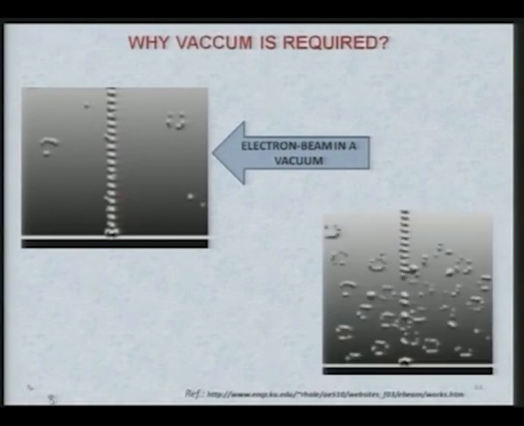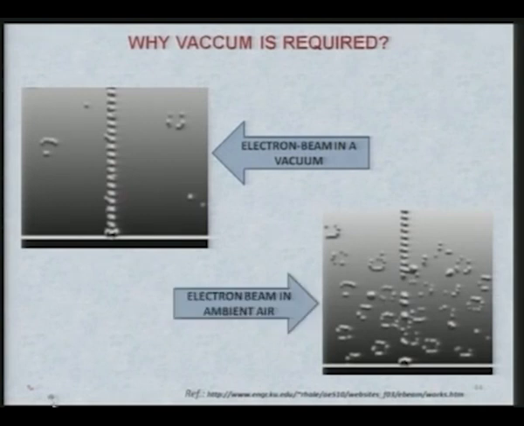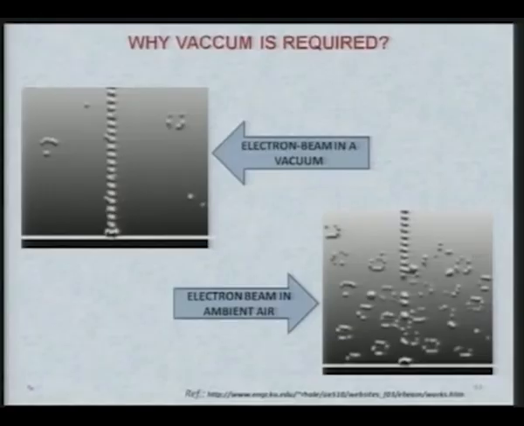Now, if you are going to use atmospheric air in the machining zone, then what will happen? Many of the electrons will strike the molecules of the air, and they will get scattered, and you will not get a good cutting. As you can see over here, the electrons are scattered all around, and you are not getting a straight beam, as they start hitting the molecules of the air, and you will not get as good a cut as in the left hand side where vacuum is there in the machining chamber.